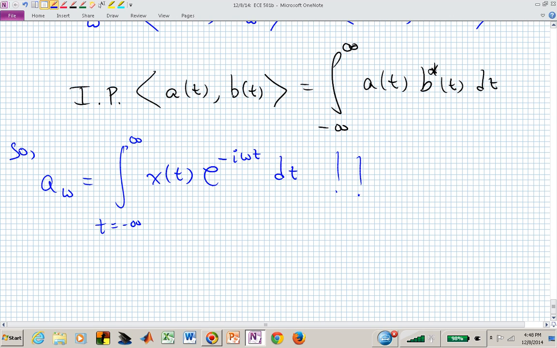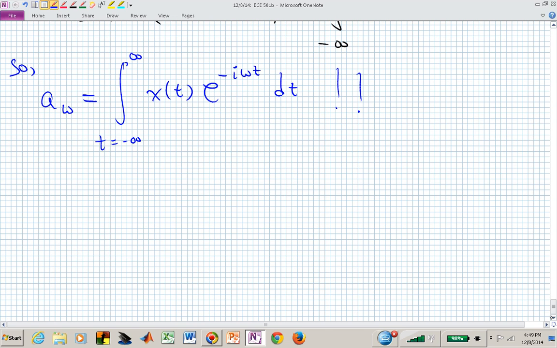So now these coefficients we can find from this integral. That gives us the coefficients that x of t is going to be decomposed in, and those coefficients weight the eigenfunctions.